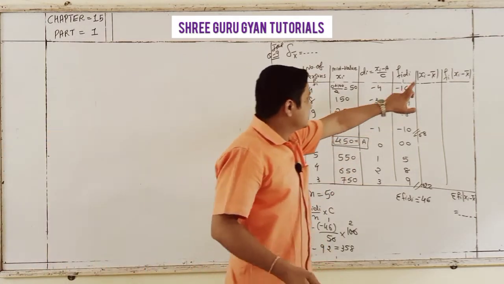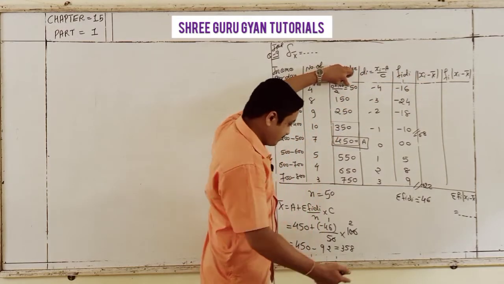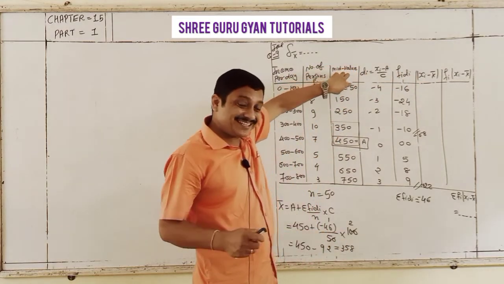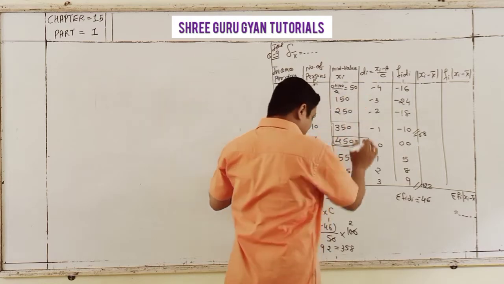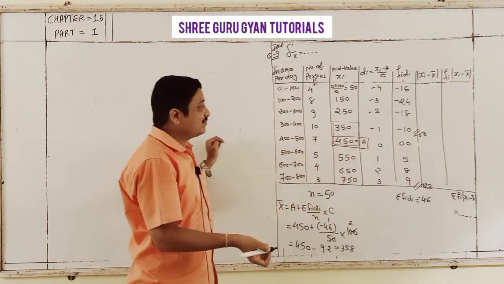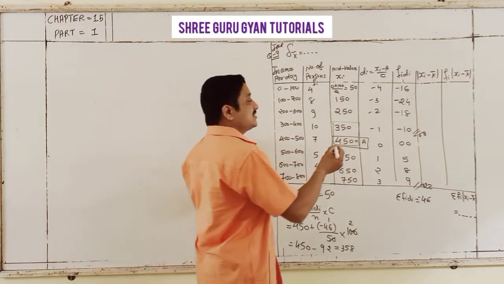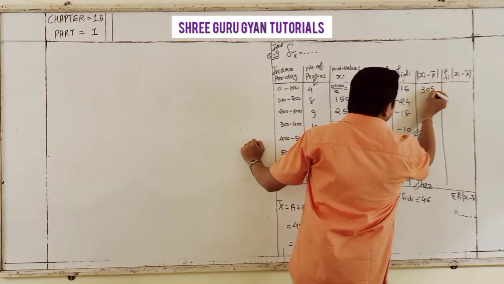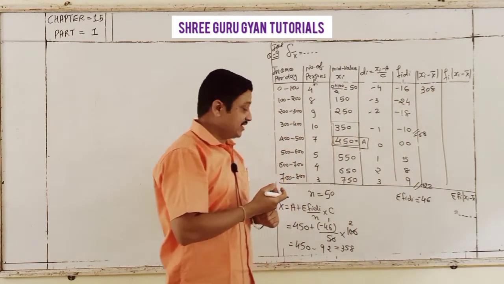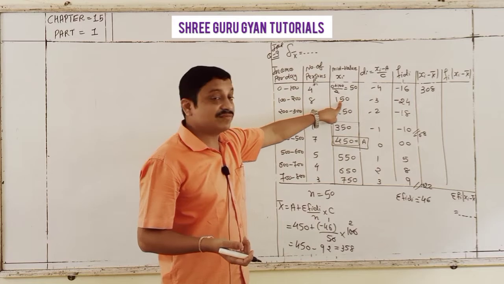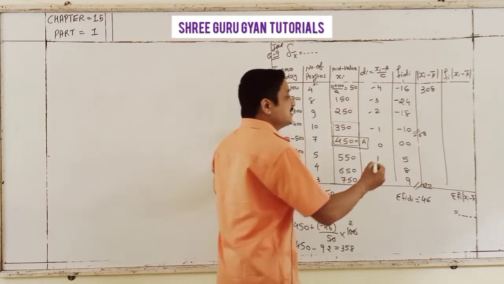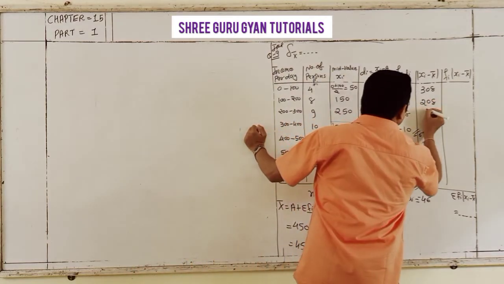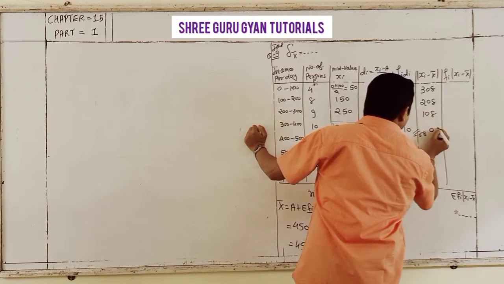First xi is 50 minus 358, so 358 minus 50 is 308. Now for 150, it means 100 less: 208, 108, here 8.